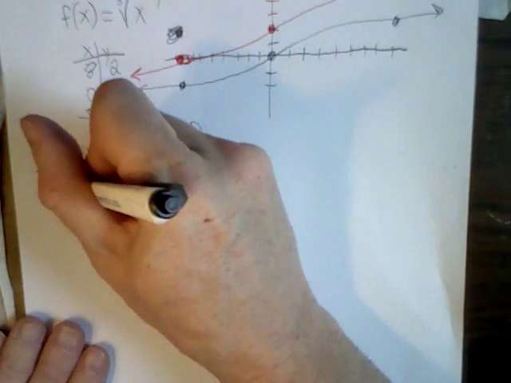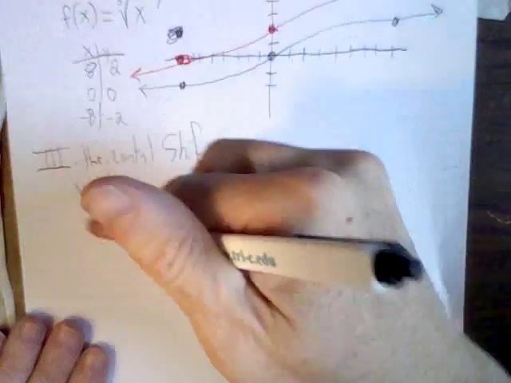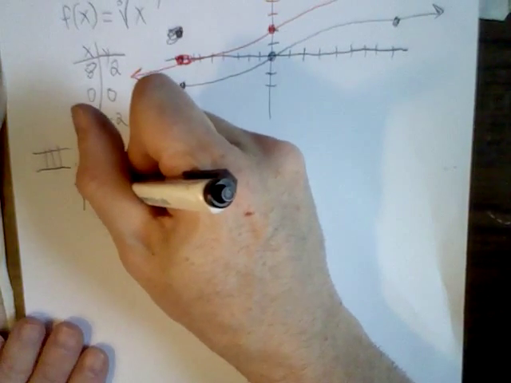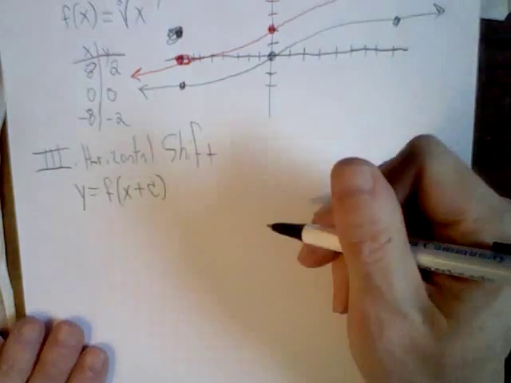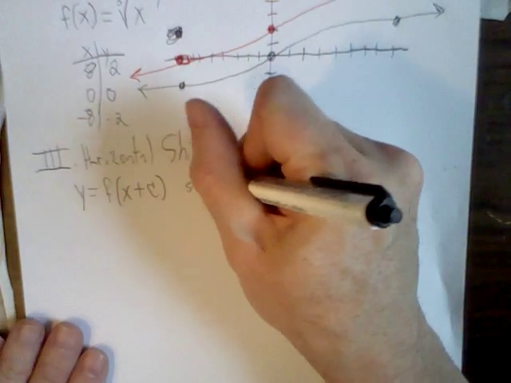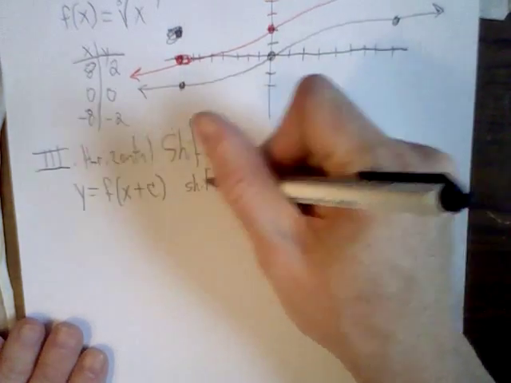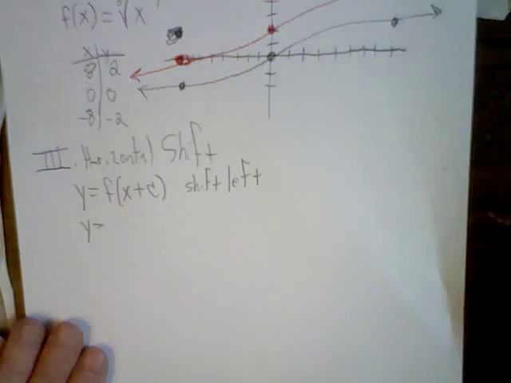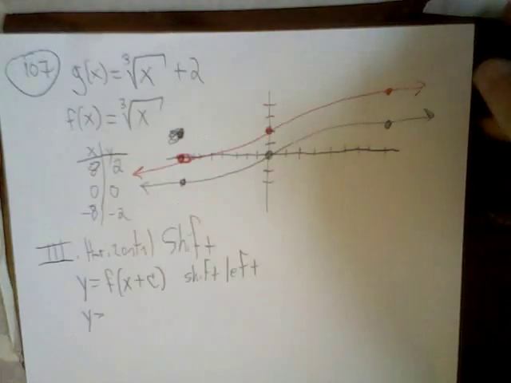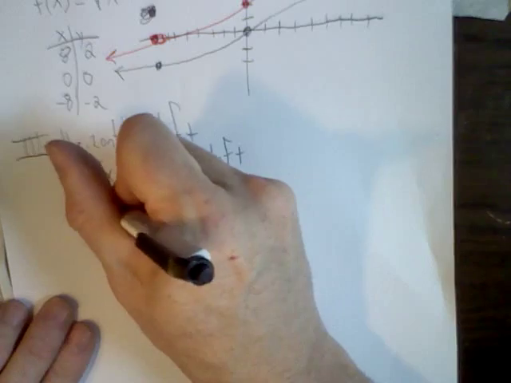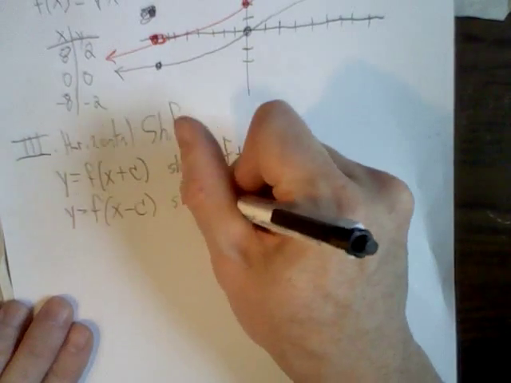In these cases, you'll see something added inside the guts of the function, so to speak. f of x plus c is going to shift in the negative direction, in other words, shift left this time. You may think, if it's plus, it's going to shift up, but that kind of intuition is not going to work for you here. If it's minus, then it's going to shift it to the right.